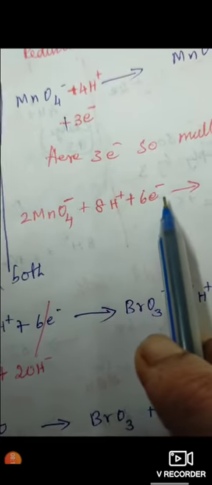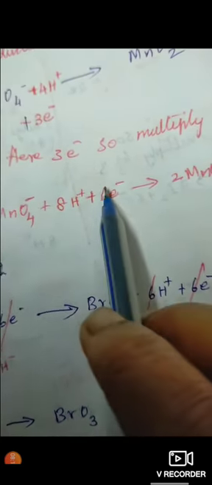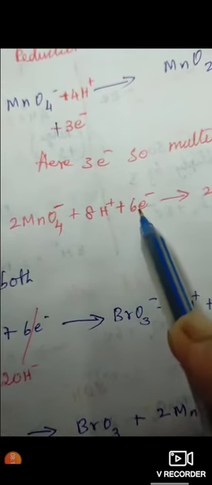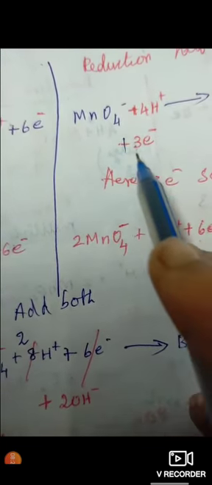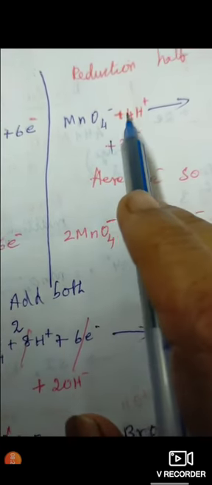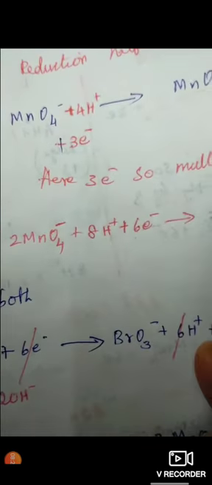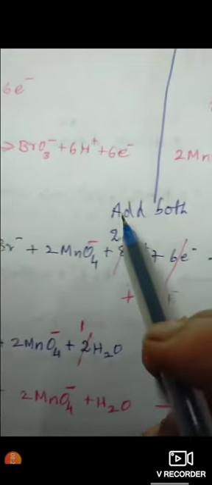MnO4 minus, 8 H plus, 6 electrons. To balance these electrons only, we are multiplying by 3 and the other equation by 2.